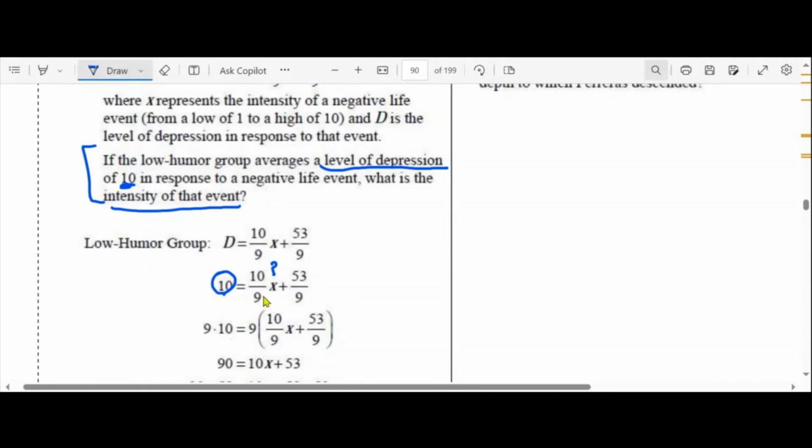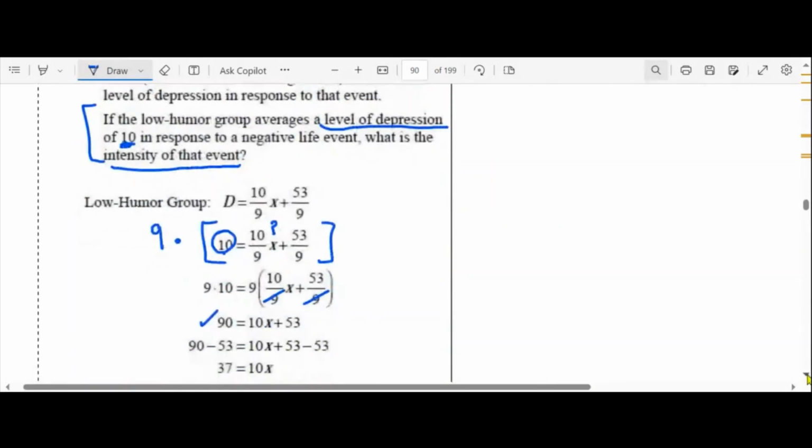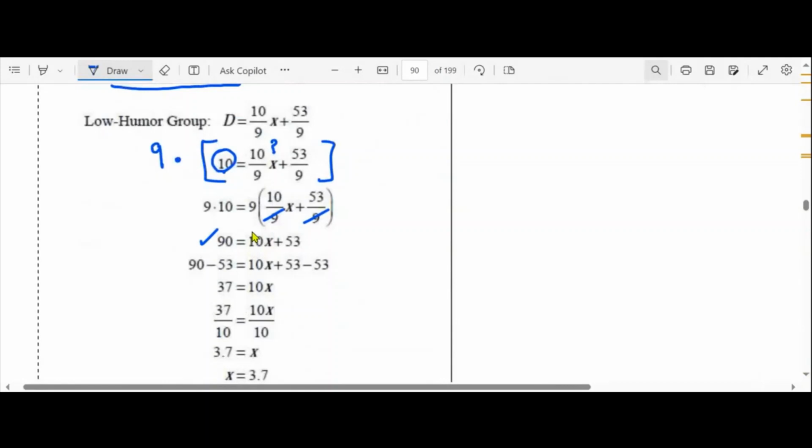Now, how can I solve for x? What should I do? Multiply the whole thing times what? By 9. Why? To cancel the denominator 9 here. 9 times 10, how much? 90. And then the 9s cancel. So you get 10x plus 53. Now I'm going to move the 53 to the left side.